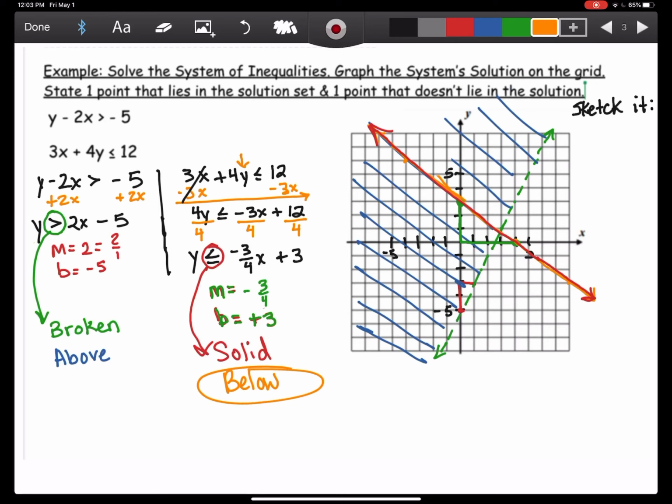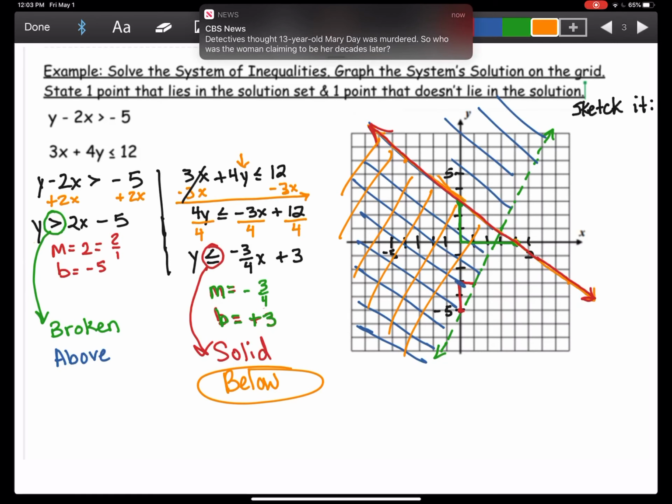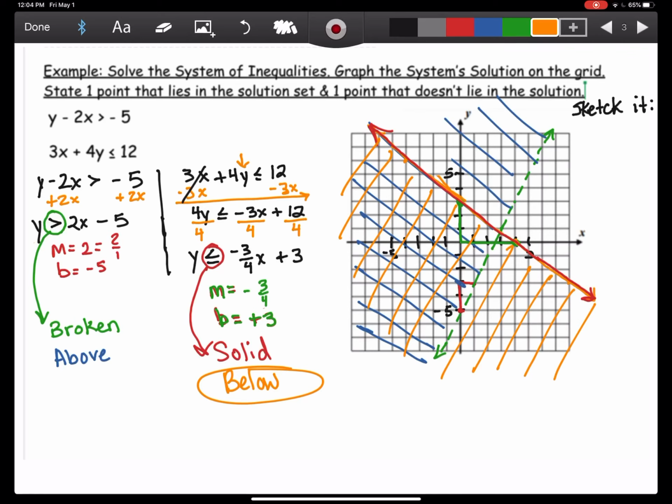It says shade below, so I'm going to shade here and look at all the space where the gold and the blue lines overlap. Okay? All right. Now, what do you notice? We have a solution set here.